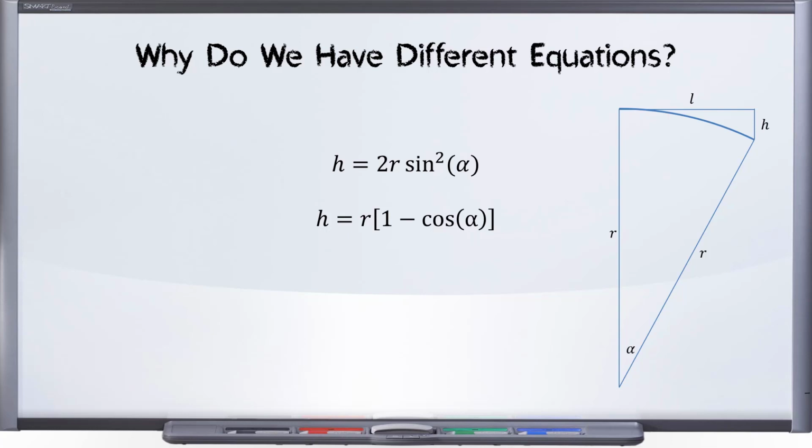That's how it works. In math, there are often multiple ways to arrive at your answer. But if the math is correct, they must arrive at the same answer. That's how we know that the math is correct.